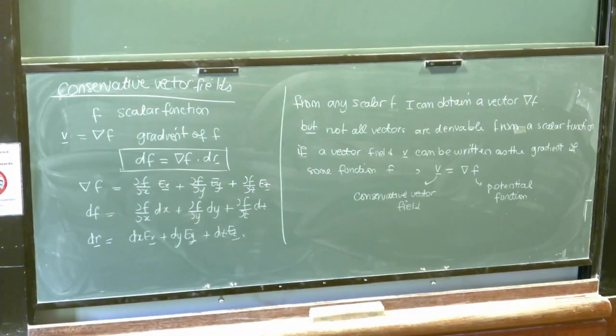Maybe, not sure. Yeah, so maybe close to what your friend has mentioned. So we'll think about it. But a conservative vector field kind of implies that there's something that needs to be conserved, a quantity that will be conserved.